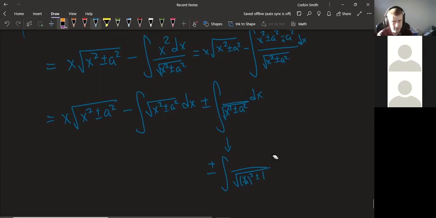Let's rewrite this way, dx over a, then we have dx here.